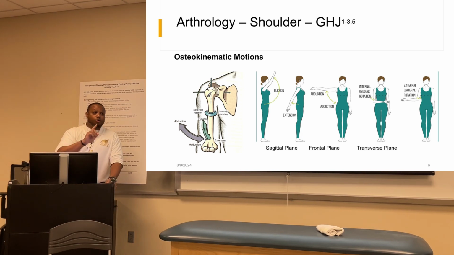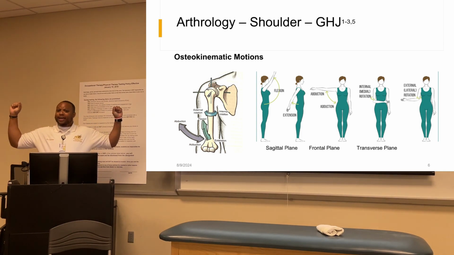Okay, who has Norkin and White? Go to Norkin and White, go to shoulder external rotation, internal rotation, and see what plane that external internal rotation is assessed in. In Norkin and White, external internal rotation is assessed in the frontal plane.